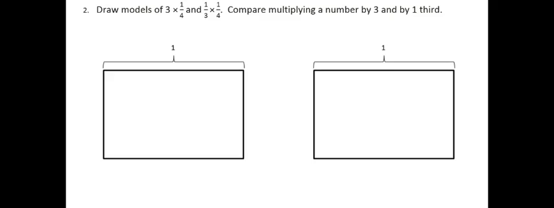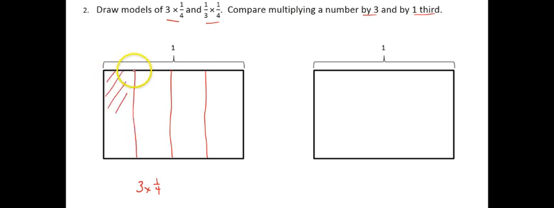This next question says to draw models of 3 times 1/4 and 1/3 times 1/4. And we're doing this to show how it's different when we multiply a number by 3 as compared to multiplying it by 1/3. So we'll start by showing 3 times 1/4 in the first diagram. Well, if I separate my whole into fourths, and colored in 1/4, that would be the same as 1 times 1/4.